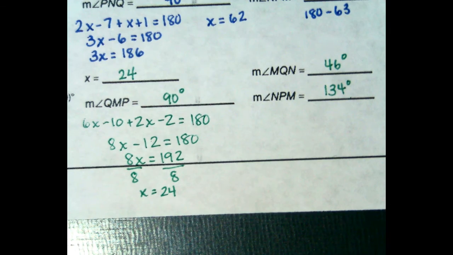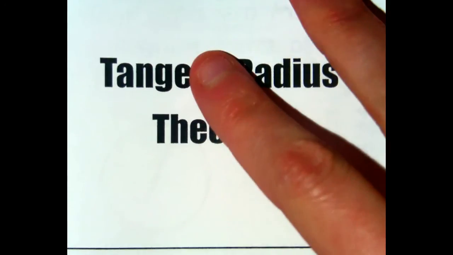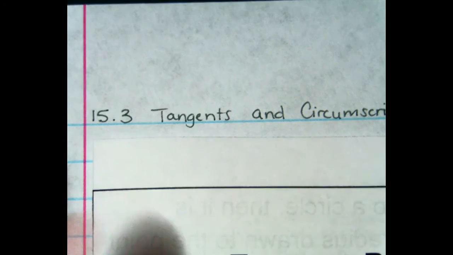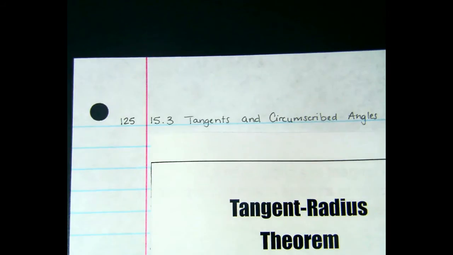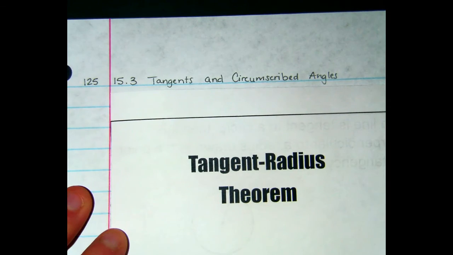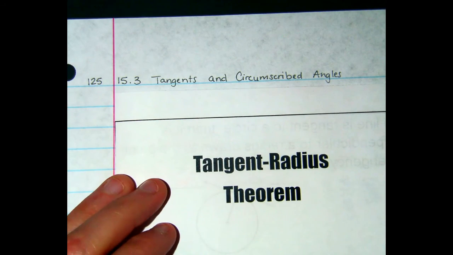Alright, this goes glued in on page 125. The title is 15.3, tangents and circumscribed angles. If you cut anything out, you're going to need to throw that away. Not right now, but in a minute.